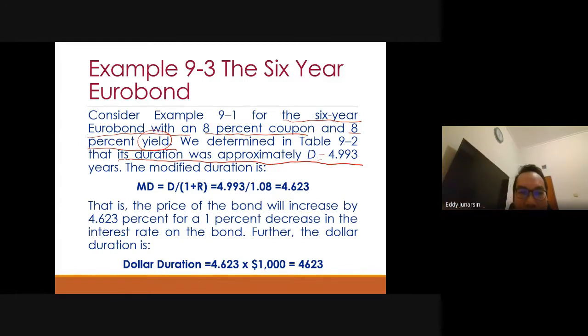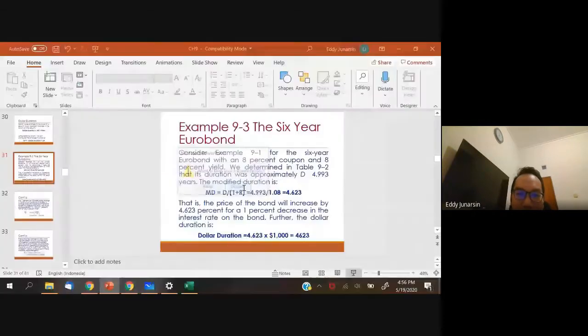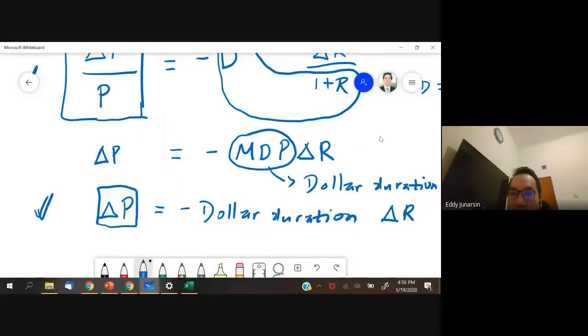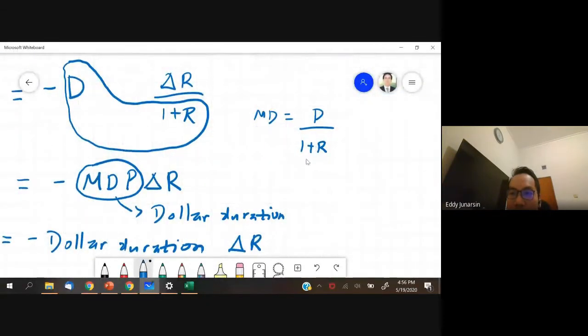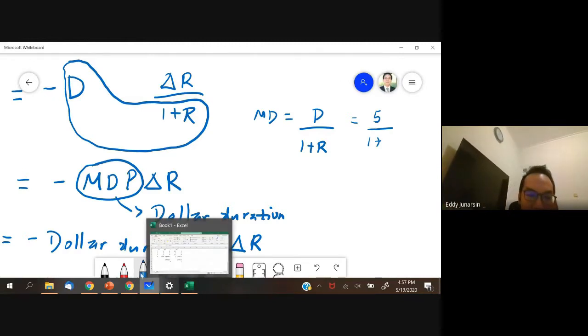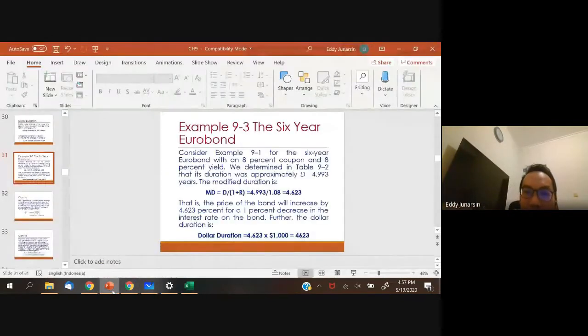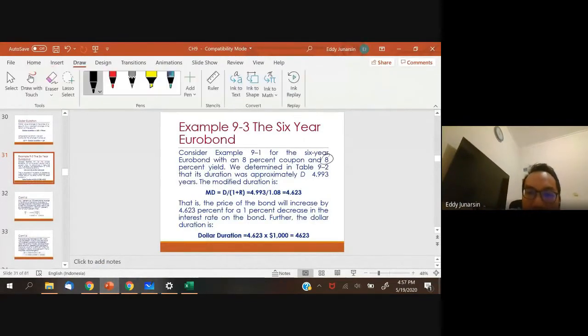What is the modified duration again? Do you remember? The duration divided by 1 plus original interest rate. So if we put that example into our mechanic here, we've got 5 years divided by 1 plus, what is the original interest rate? 8%, see the yield.